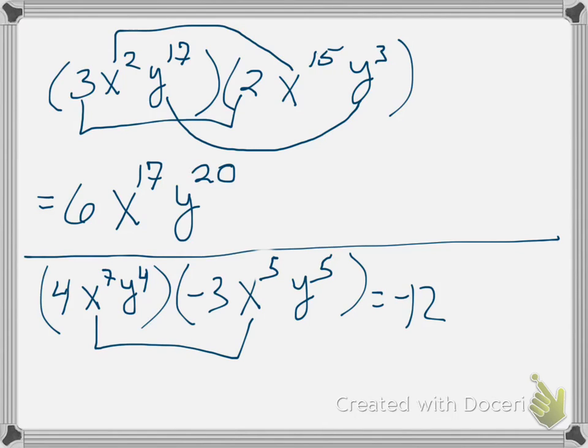X to the 7th times x to the 5th is x to the 12th. Y to the 4th times y to the 5th is y to the 9th. Okay. And if I could do that, I'd be feeling pretty good about myself.